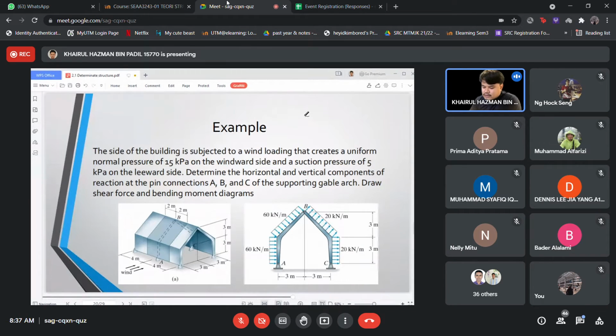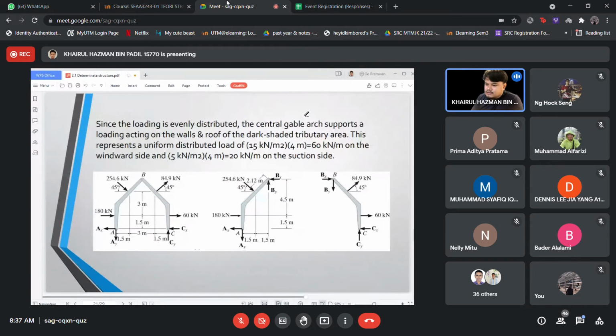You can do the analysis later on because this is another subject where we consider the wind load. For the wind parts, I will not discuss more. You can just do the revision on this subject.